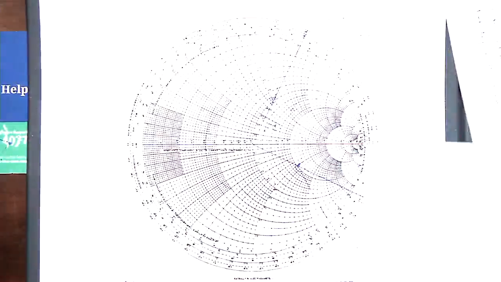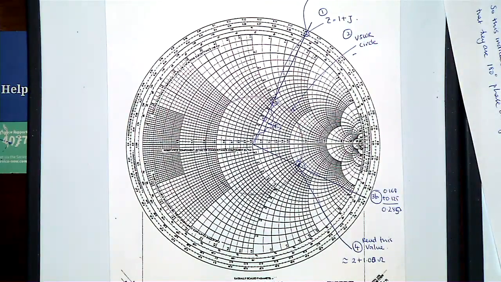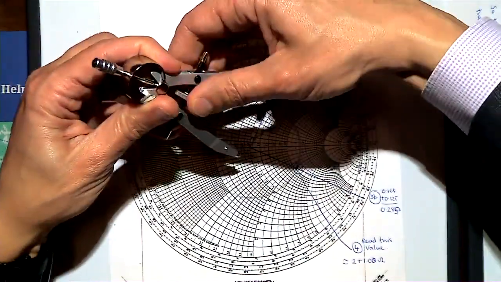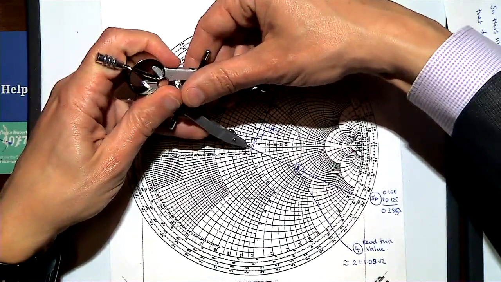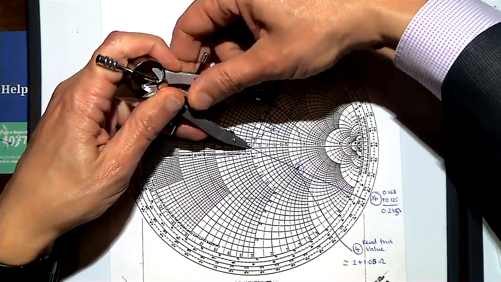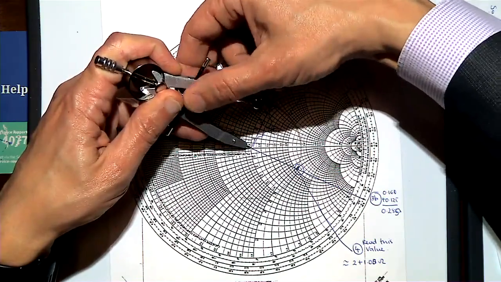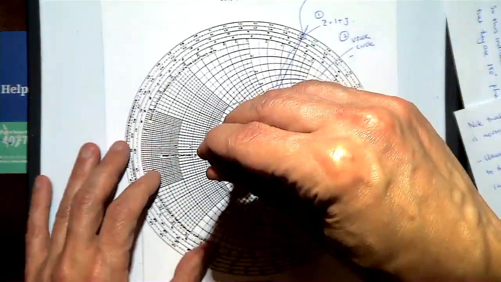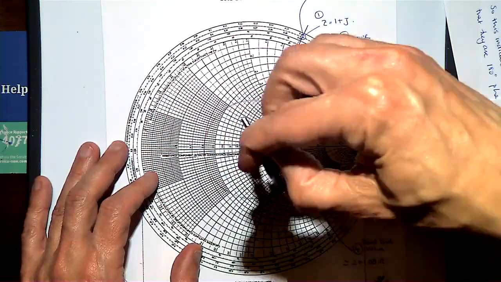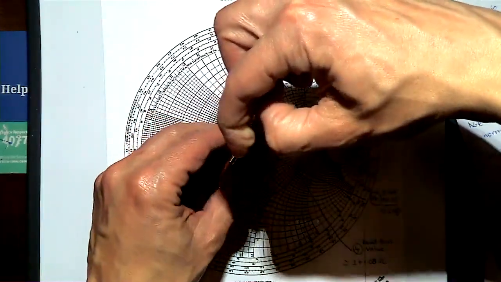Now, the next thing we usually do when designing or using these Smith charts is draw the lines of constant standing wave ratio. Essentially you draw a circle centered at the origin, work out the radius and draw that circle. This is where the compass becomes very useful, right? You put your point here and you draw your circle around that point.